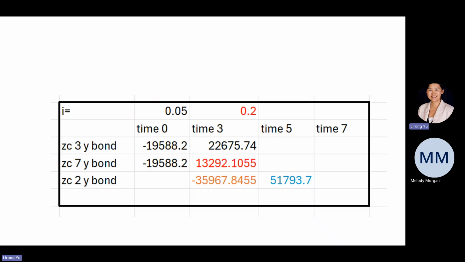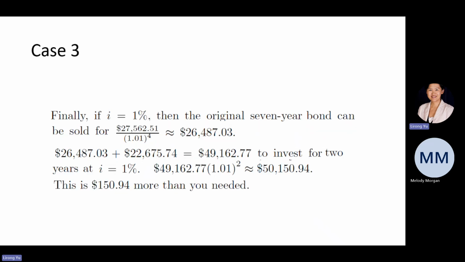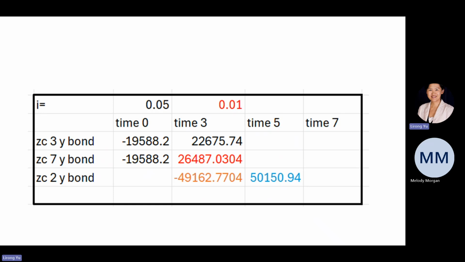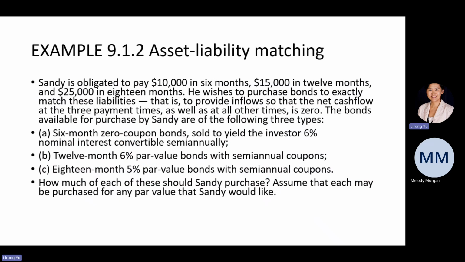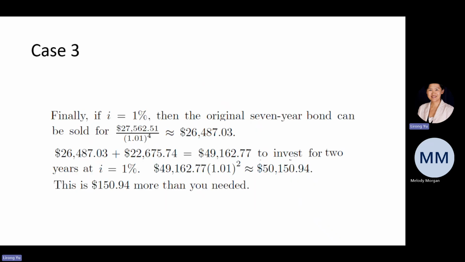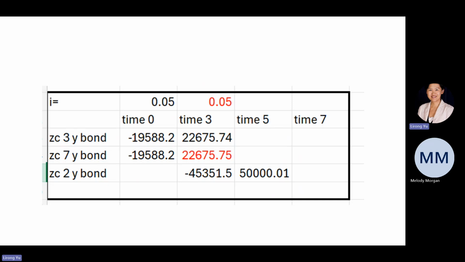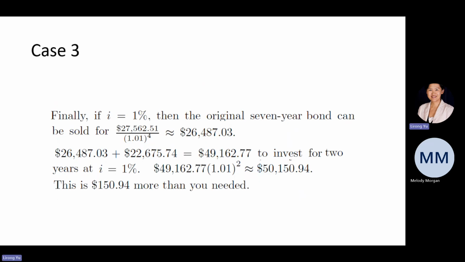Any questions? So this is the immunization. With this plan, we end up better off either way if the interest rate changes. Okay, so what happened here? What we're doing here is matching the cash flow and also matching the duration.